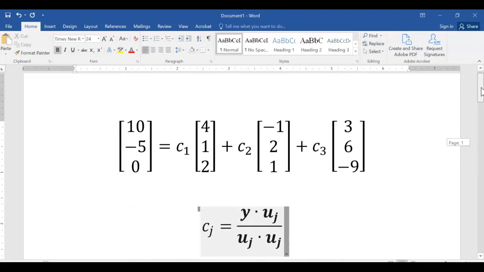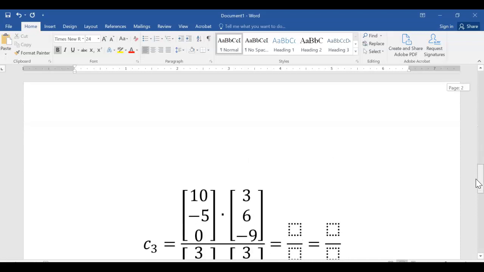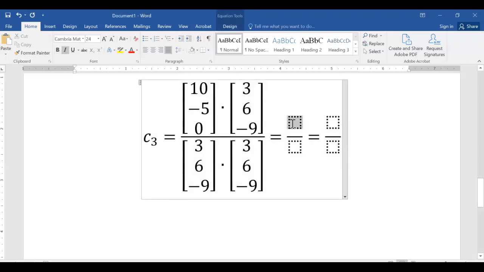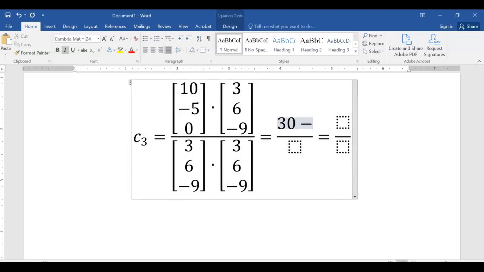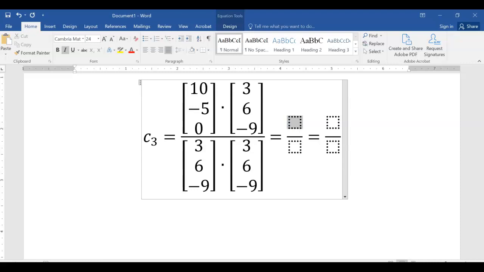For the coefficient of C3, again, we're using (3, 6, -9). So we're going to take the inner product of that with (10, -5, 0). 10 times 3 is 30, minus 30, plus 0. So notice I end up with a 0 on the top.